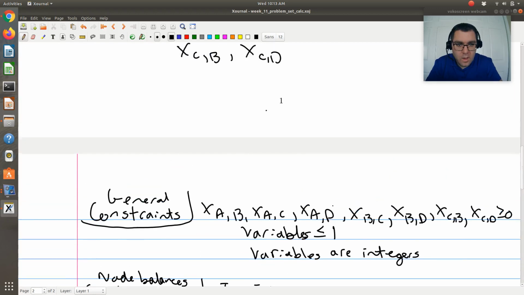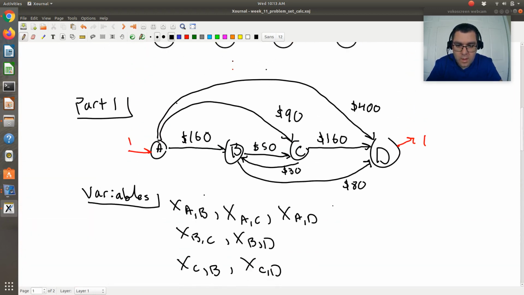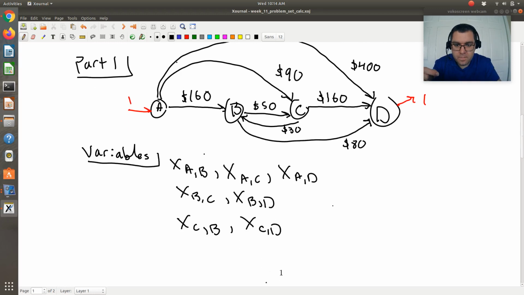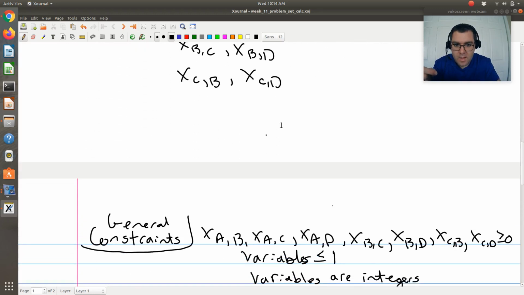At node B, I have flights leaving to go to C and to D, and I also have a flight arriving from C. So in is coming from A and coming from C: XAB and XCB.